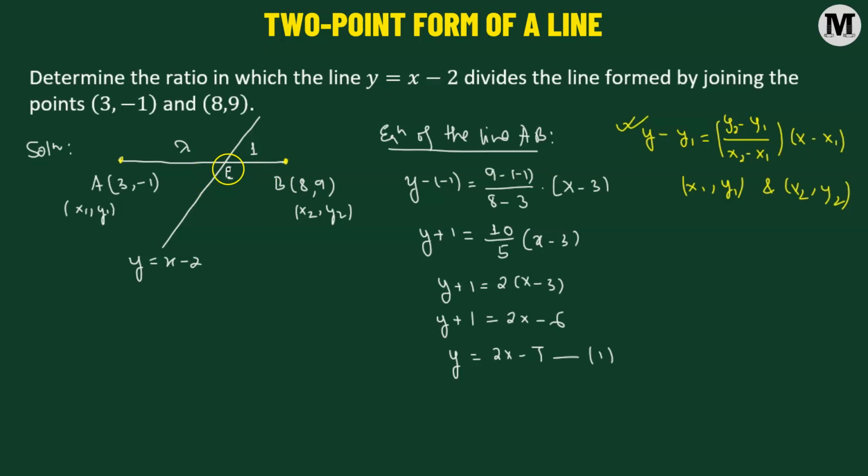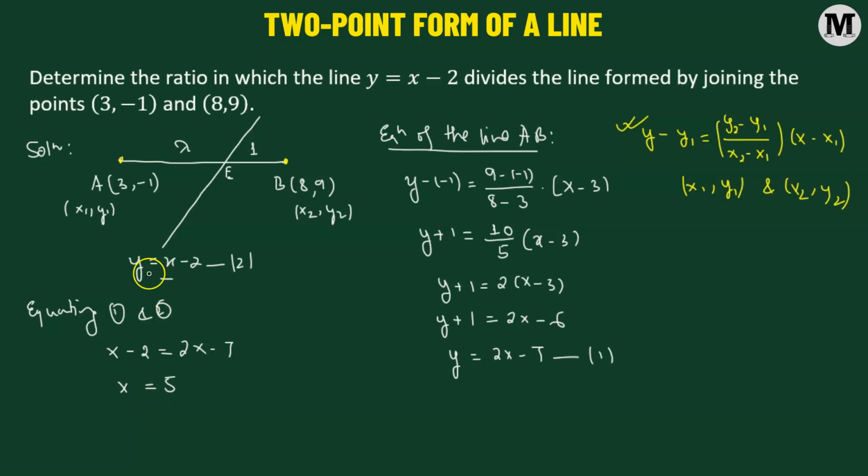Now we will find the coordinates of point E. For that, let's call this equation number 2 and the earlier one equation number 1, and equate them. That gives us x minus 2 equals 2x minus 7. Solving for x, we get x equals 5.